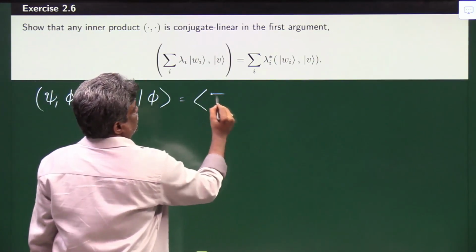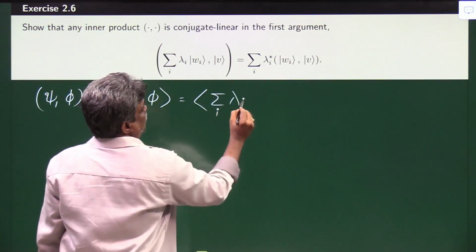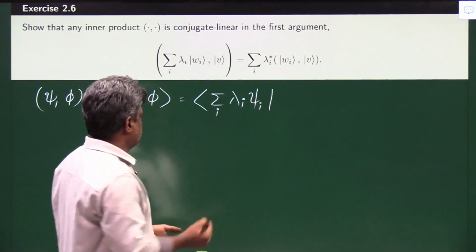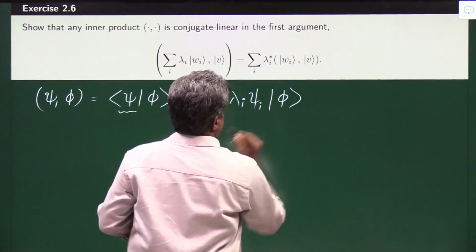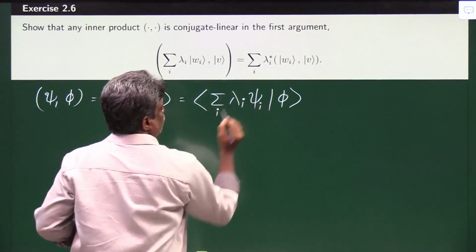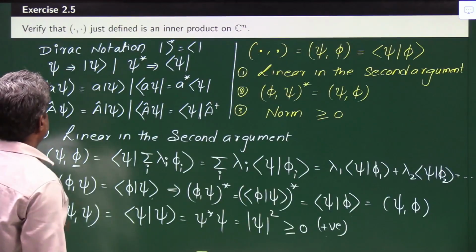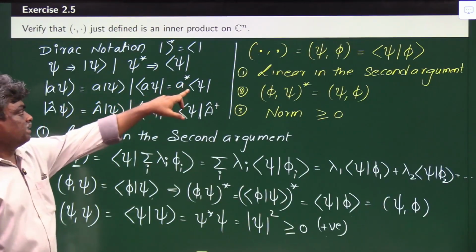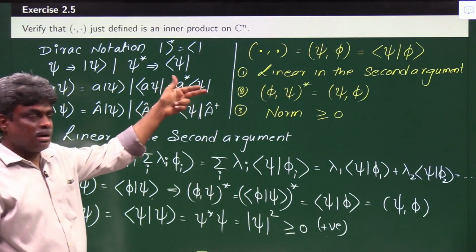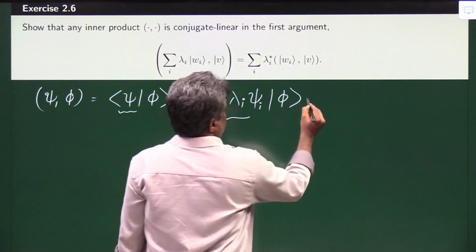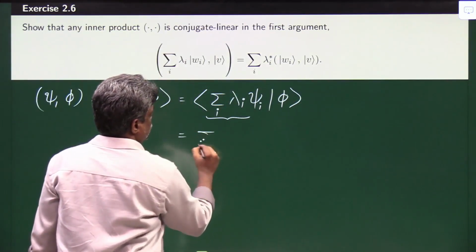So this is the summation over i lambda i psi i, which is a linear combination of basis states, and this is phi. We have already discussed earlier that if any constant is there in the bra vector, you will get its corresponding complex conjugate. So this is nothing but the summation over i.